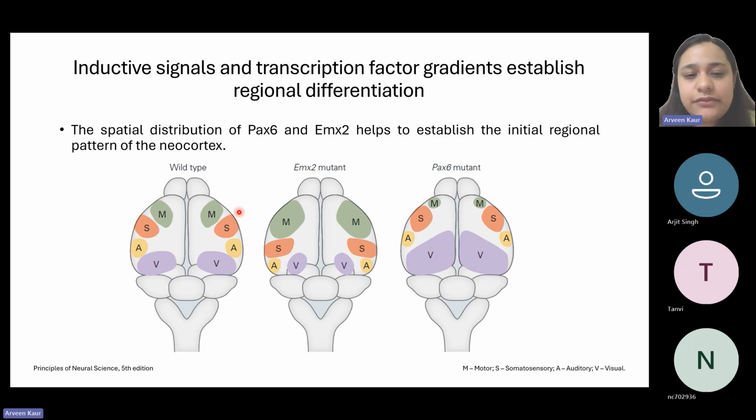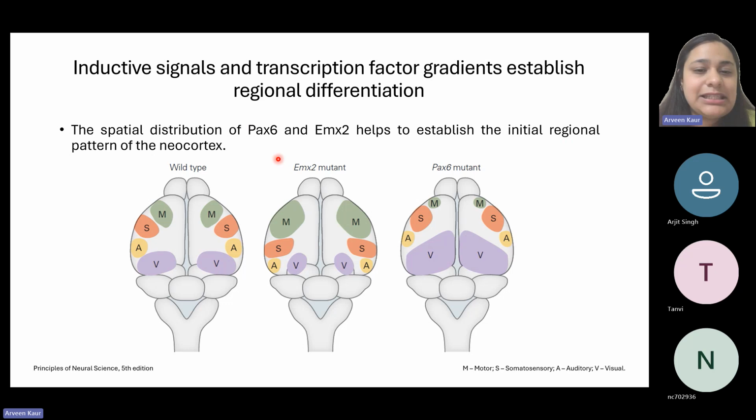They have a different kind of distribution depending on the area that is dedicated to that kind of stimulus or that kind of function, right? So motor cortex and somatosensory cortex you can see are almost equivalent. Visual cortex is a larger area. Auditory cortex again is almost half the visual cortex area, right?